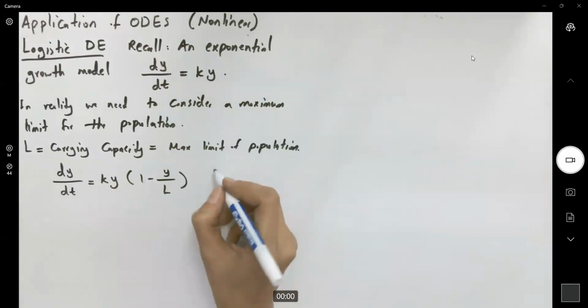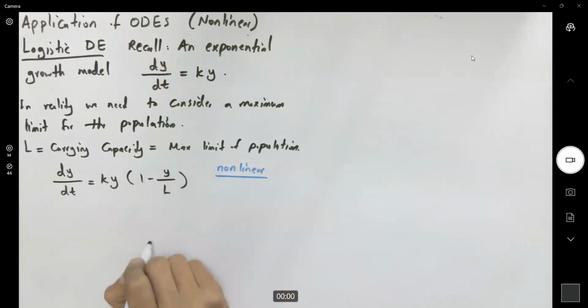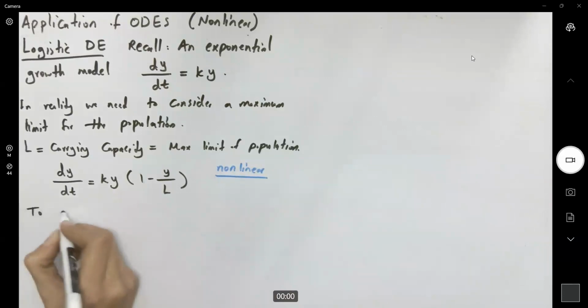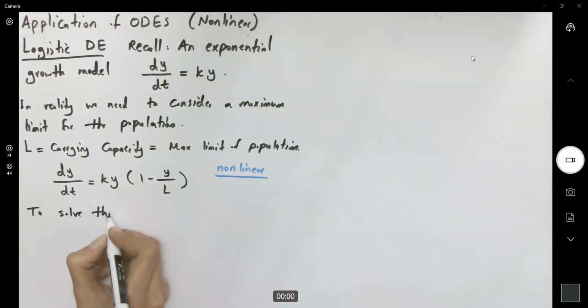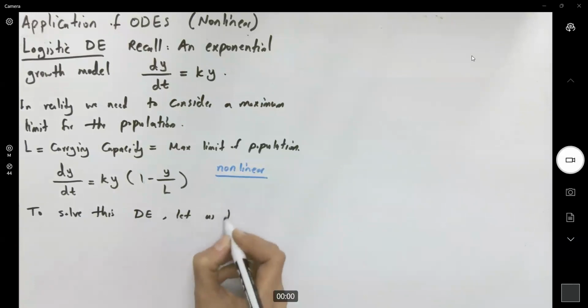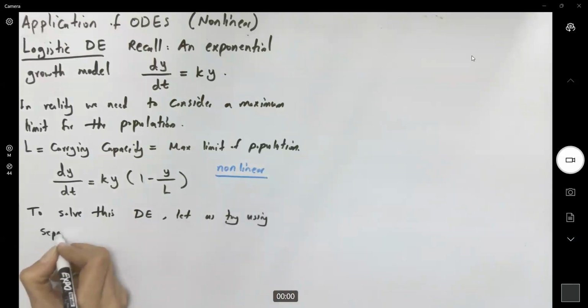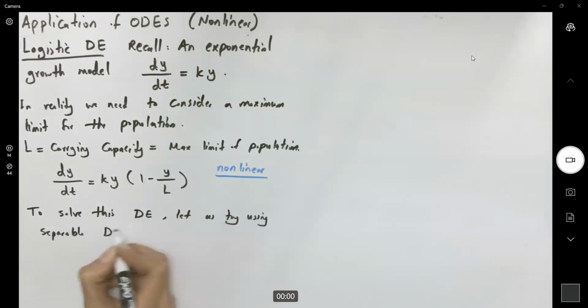So it is nonlinear. The question is, how do we solve this differential equation? To solve this differential equation, let us try using the separable differential equation method.